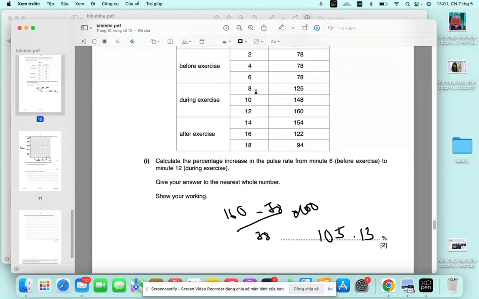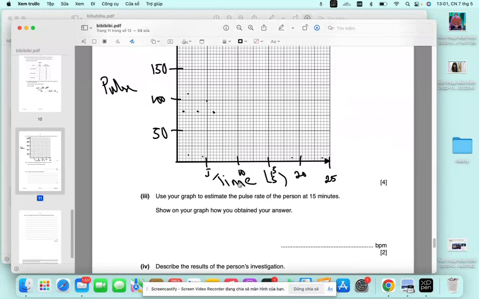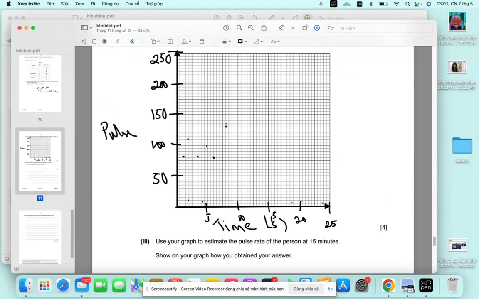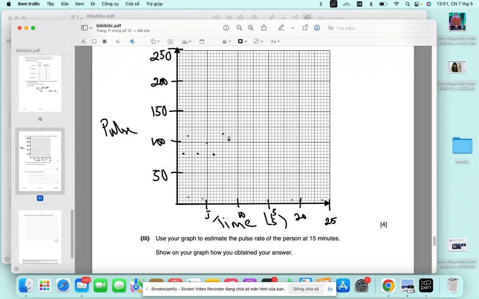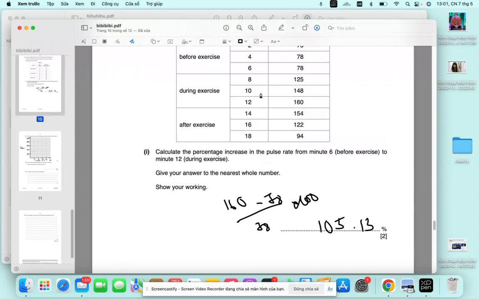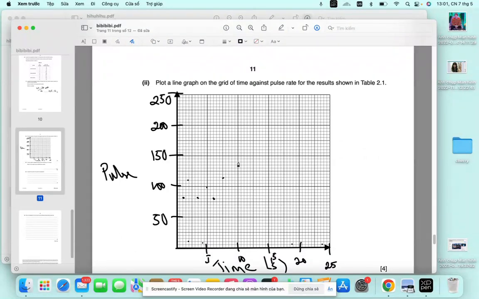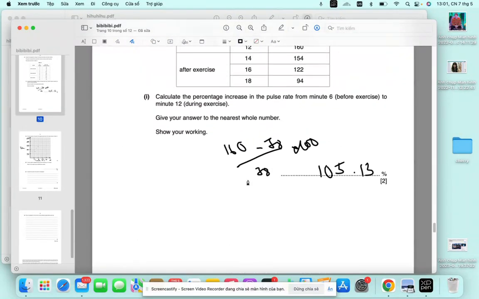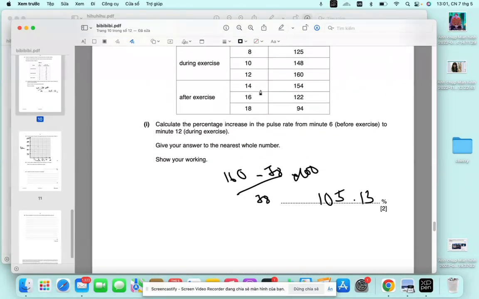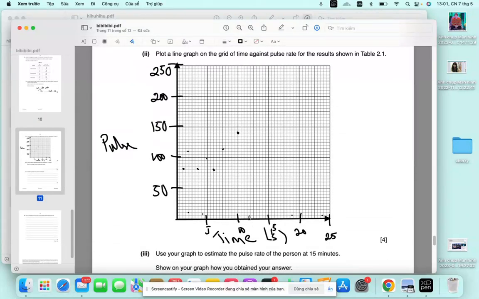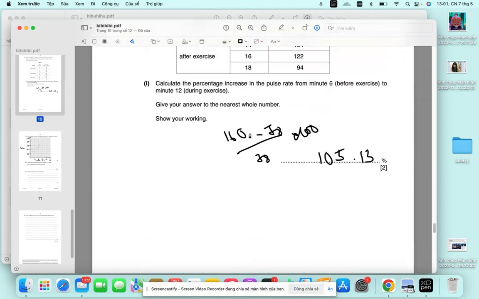And now we have 8 is 125. 10 is 148. 12 is 160.